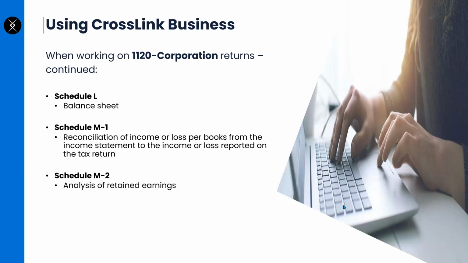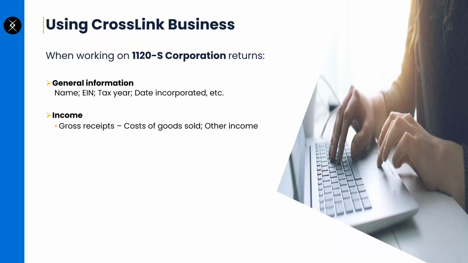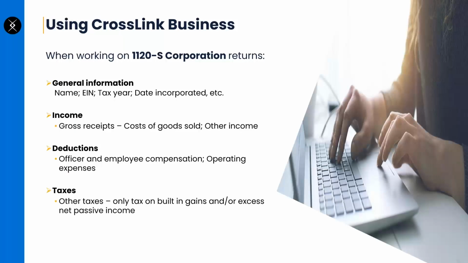And as we move on here, we're going over now the 1120S, or the S corporations. And same premise with name, EIN, tax year, date of incorporation, income, gross receipts, cost of goods sold, deductions, officer and employee compensation, operating expenses, and taxes.